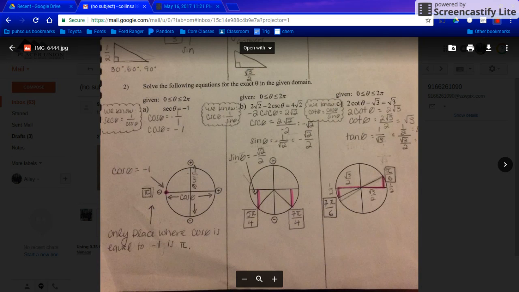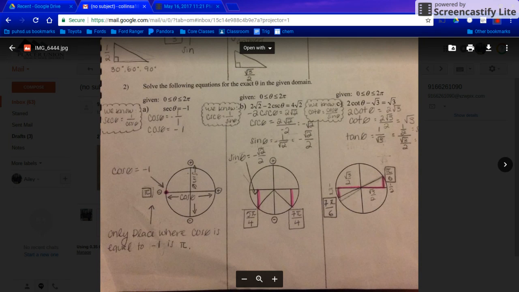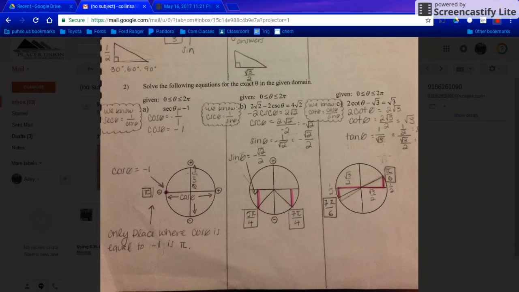Okay, so we have 2a, which is secant theta is equal to -1, and we know that secant theta is equal to 1 over cosine theta. So we're going to bring cosine over, like we did for 1a, and we're going to have 1 over cosine theta across from it, and we're going to replace what secant theta is equal to, which happens to be -1, and that simplifies to cosine theta is equal to -1.